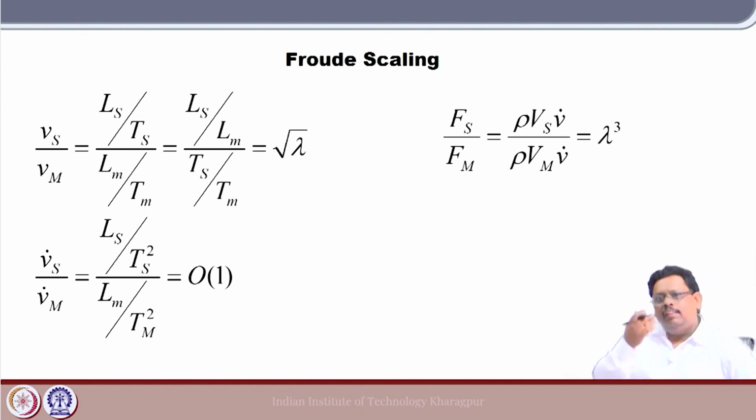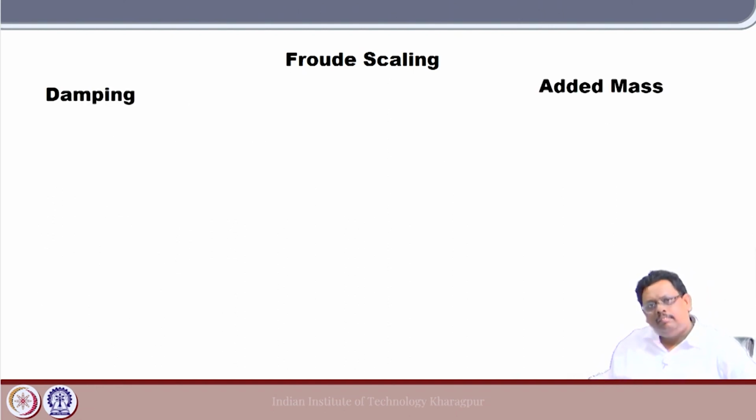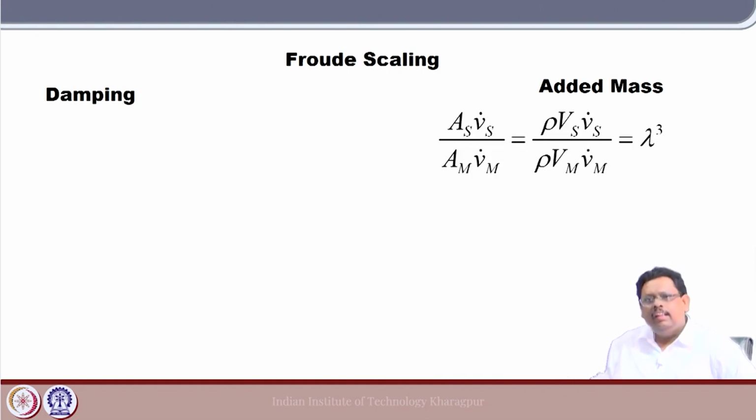Now, once I know the force is lambda cube, let us find out how we can scale the damping and the added mass, right. You see, the added mass force is also a force and damping is also a force. So, definitely my right hand side should be lambda cube. Let us see what is on the left hand side. The added mass force is added mass multiplied by the acceleration.